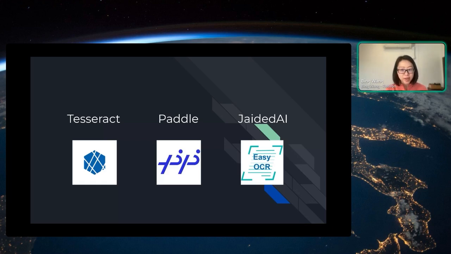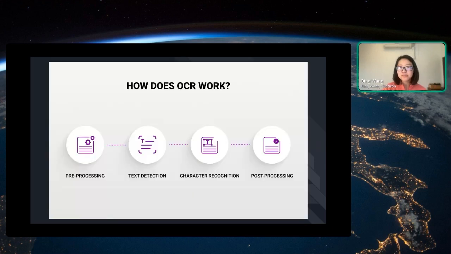But before I go any further and share with you the result of the study, let's first take a look at how these OCR models work. They go through a very similar pipeline. From the point when an OCR engine receives an image, it would usually do some sort of pre-processing. For example, a lot of these models would binarize an image, turning it into black and white, so it's easier for the next step, which is text detection.